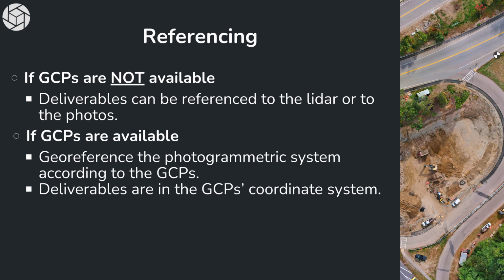Afterwards, the initial transformation is computed based on the match points, and then these points are transformed into a common coordinate system. And finally, another round of bundle adjustment is performed with the GCPs and the transformed match points. Therefore, the final deliverables will be in the GCP's coordinate system.